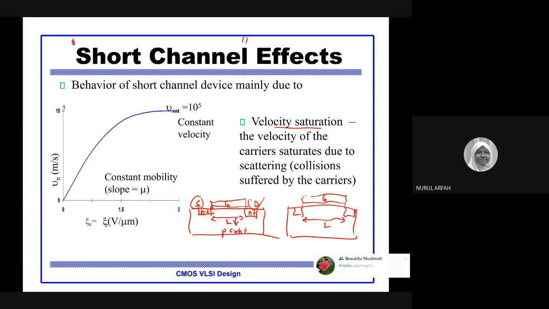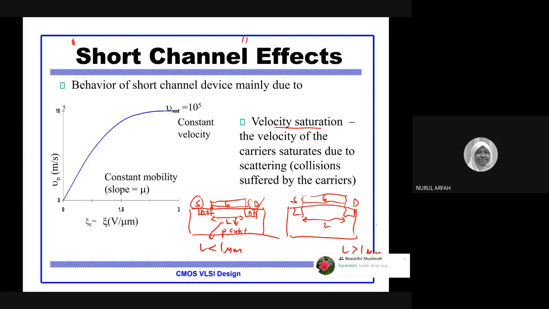But for the long channel here on the right side, it is wider in length, meaning the source and the drain are farther apart, and usually the length is more than 1 micrometer. For the short channel here, usually the length is less than 1 micrometer. Our technology now is shrinking to below 10 nanometer, so there are some effects on this.